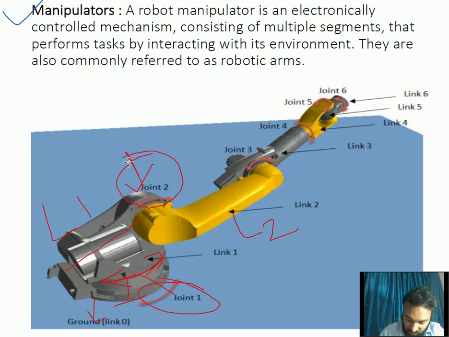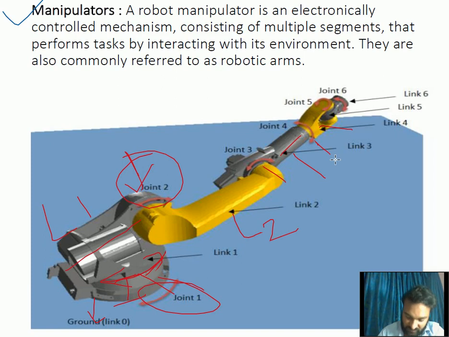Again link 2 and link 3 are joined here, so this is again rotating type, joint 3. Then link 3 and link 4 are joined here, so it is kind of twisting, so it is joint 4.